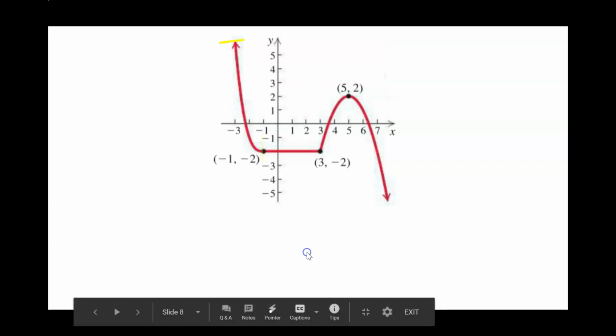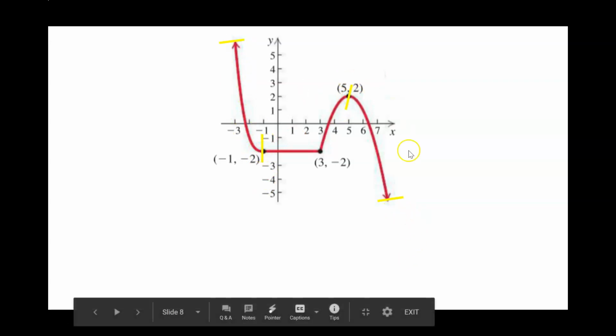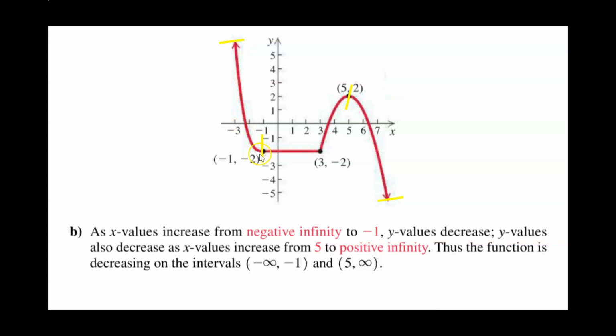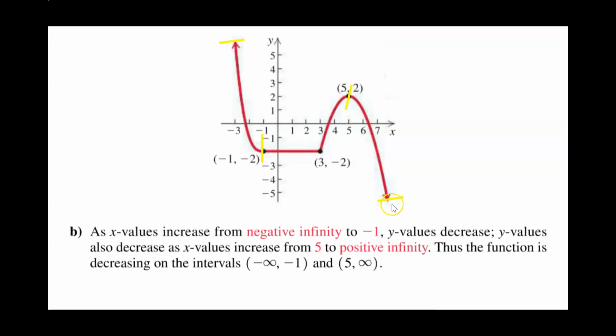Now for decreasing, this particular one is actually decreasing two times. From here to here, and then from here to here. There are two decreasing marks here. So from negative infinity, again, we're focusing on the x, it's coming from negative infinity all the way to -1. That's our first answer. And then from 5 to positive infinity.